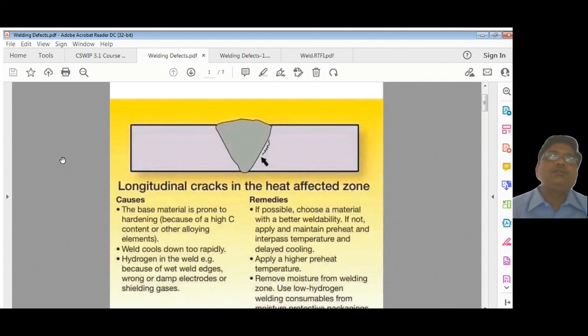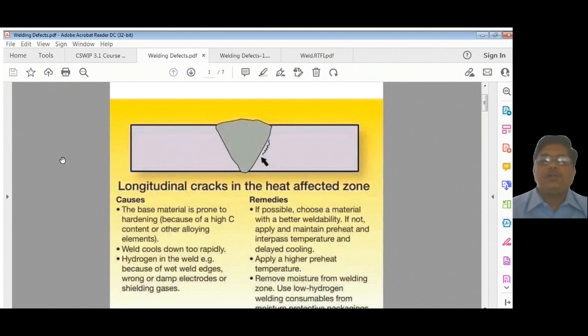Those are the typical things which we saw in chapter 3, the conditions where HIC cracking can occur: wet conditions, lack of proper geometry. You've seen those 4 or 5 conditions where hydrogen becomes an issue and becomes a crack. So what remedies are possible? Choose material with better weldability, and maintain preheat and interpass temperature and delayed cooling.